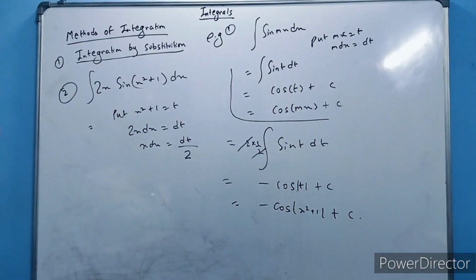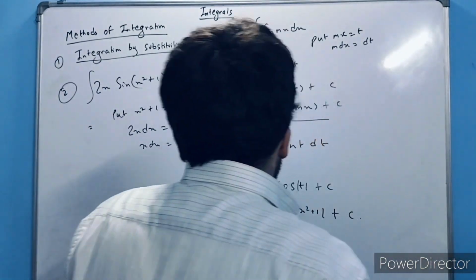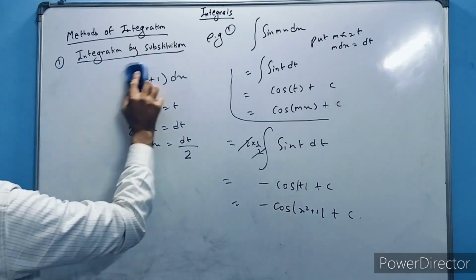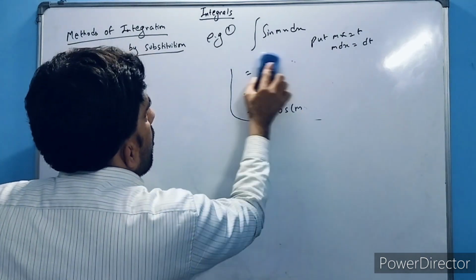Let us try to solve more numericals so that we are clear with this method. Now let us move to the third example and see what has been given.